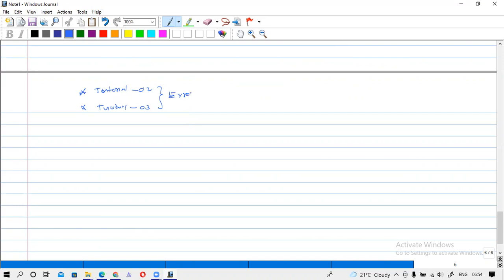Tutorial 2 is related to the Hamming code and tutorial 3 is related to the convolution code. So we will start with convolution code, because the Hamming code is simple. I think maybe you can manage it by yourself. So I will do convolution, and if we have time, we will do the Hamming code also.